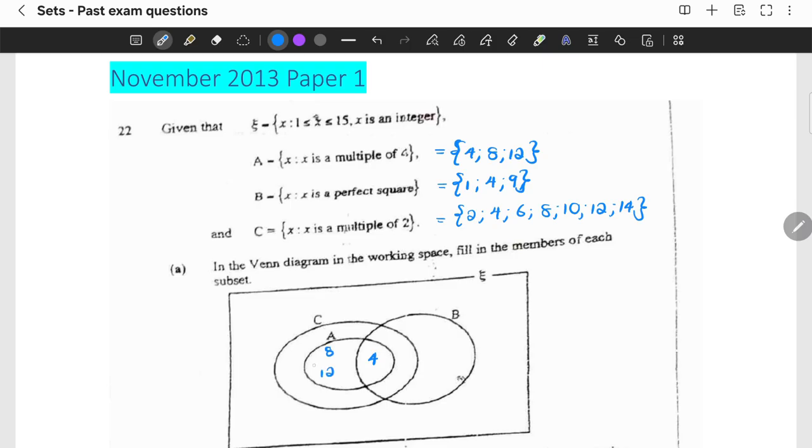Numbers that are in C but are not in A are 2, 6, 10, and 14. Numbers that are in B but not in C or A are 1 and 9. Numbers that are not in A, B, or C are 5, 11, 7, 13, and 15 itself.